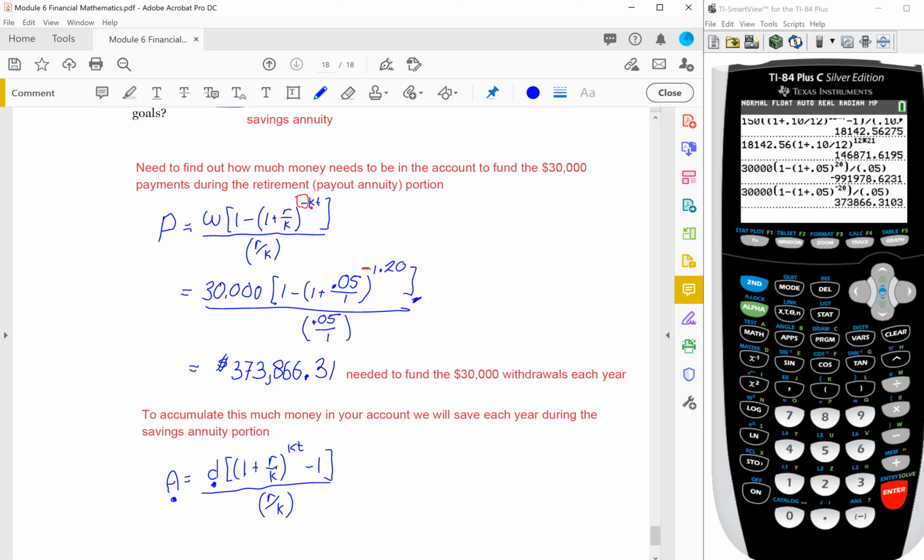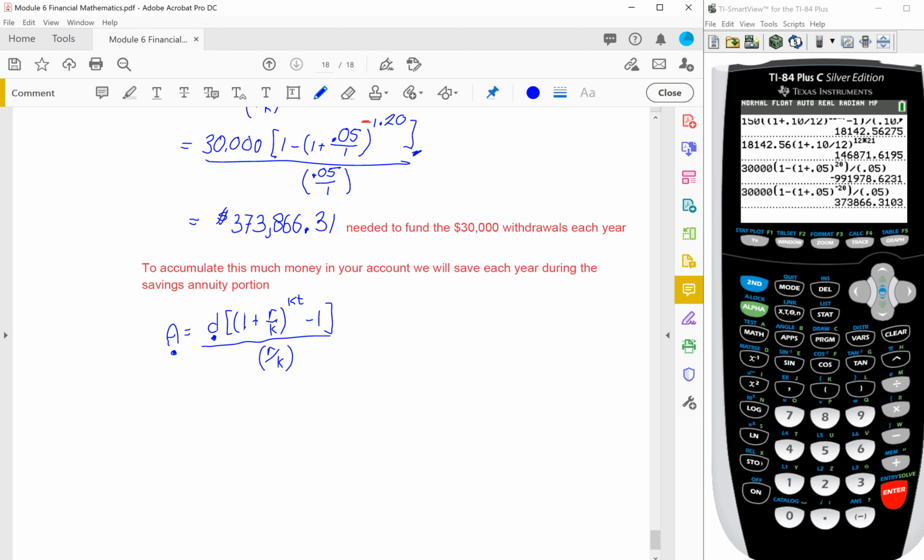So remember, we've done this in the past. I want to solve this for D, our contribution amount. Remember the way I did that without writing all of my steps each time. To solve for D, I'm going to multiply to get this R over K on the other side of my formula.